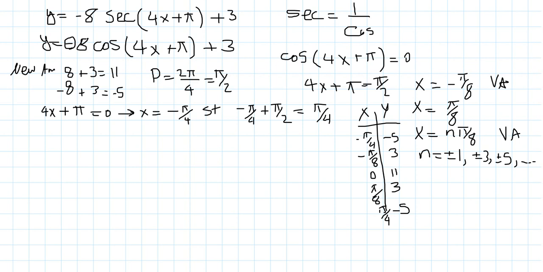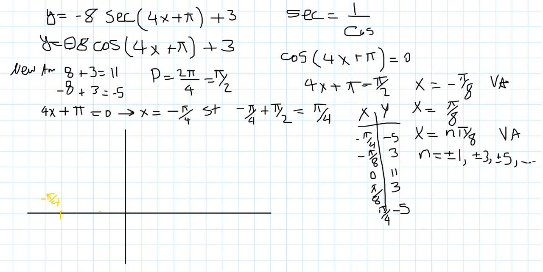Now let's draw the graph of y equals cosine. Let's draw it by yellow. Suppose that here is minus pi over 4.